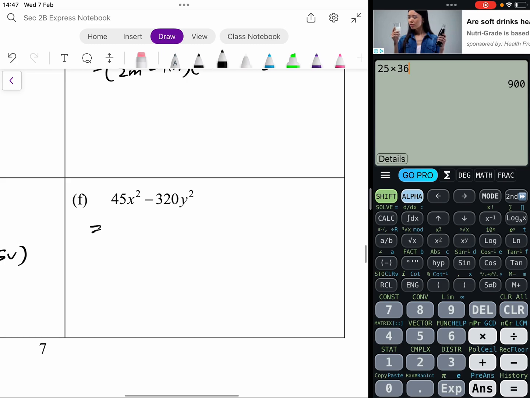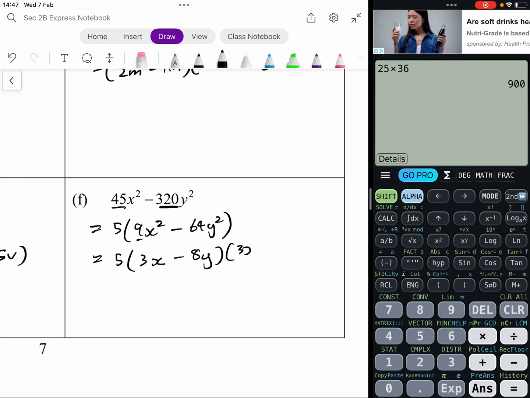Okay, again this one, common factor is 5, so you get 9x squared minus 64y squared. Again, square root of 9 is 3, square root of 64 is 8: (3x minus 8y)(3x plus 8y). Okay, and then you'll get your answer.